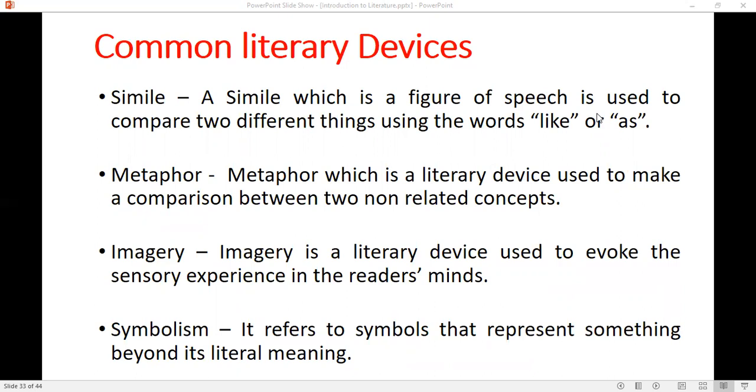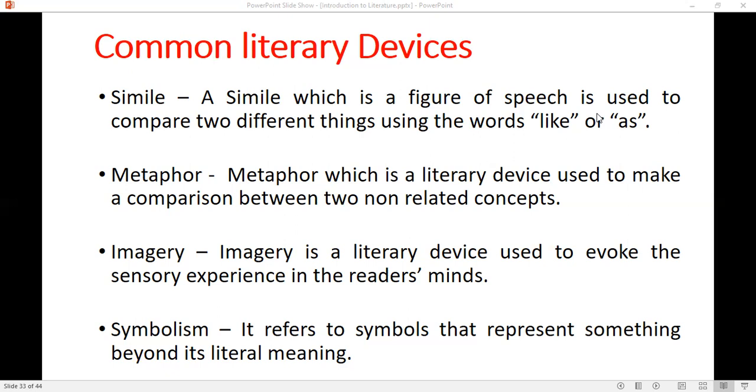Metaphor is a literary device used to make a comparison between two non-related concepts. Therefore, we use the first and the second device to compare two things in general.